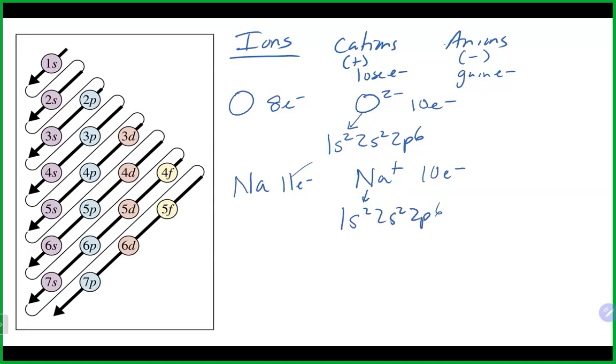Do they both now have the same electron configuration? They do, right? By the way, who else has 10 electrons on the periodic table? Neon, yeah. So neon, oxygen with a -2 charge, and sodium with a +1 charge all have the same electron configuration. That is what is known as isoelectronic with each other.